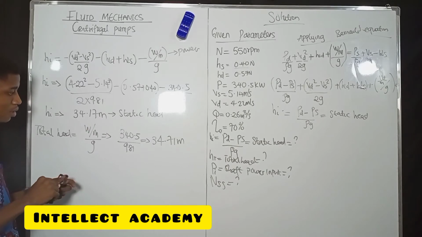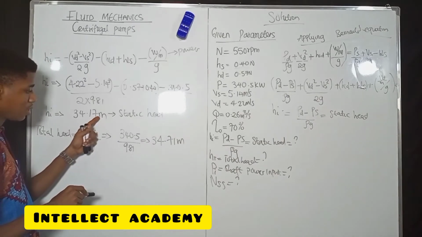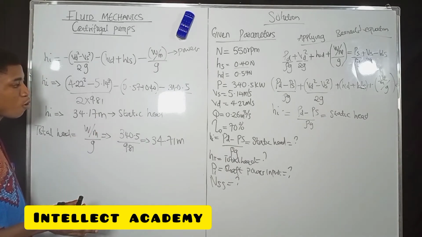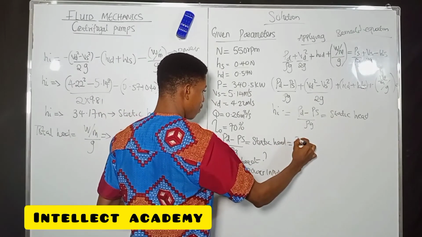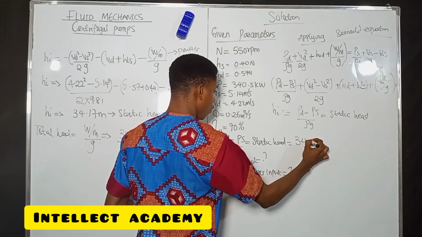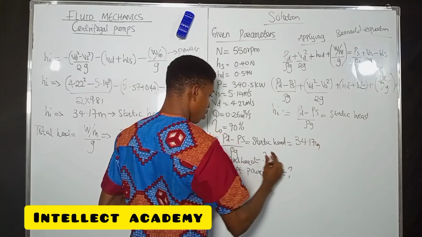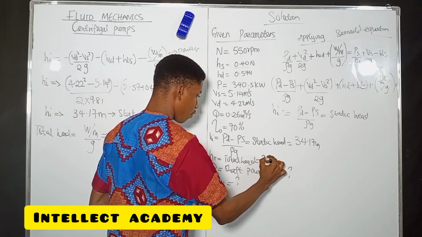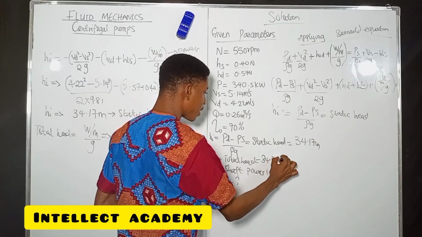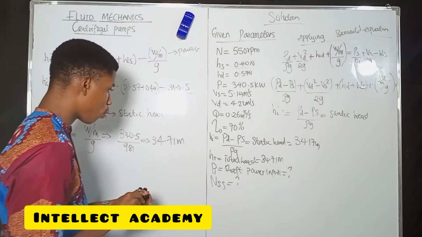So take note that this is the static head and this is the total head developed by the pump. So we have calculated this and we are given this is 34.17 meters. We have gotten this to be 34.71 meters. So next off, we are looking for what?